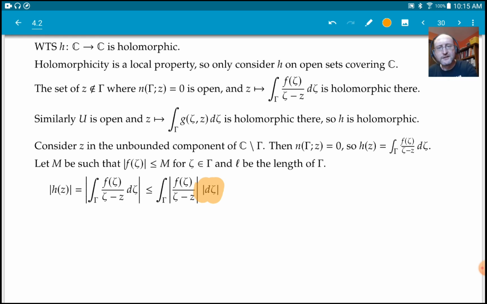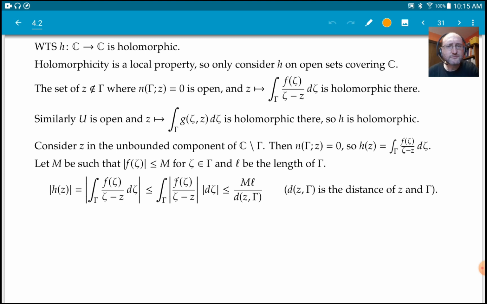We're bounding this from above: the top is bounded by M, and we bound the integral over gamma by L, the length of gamma.